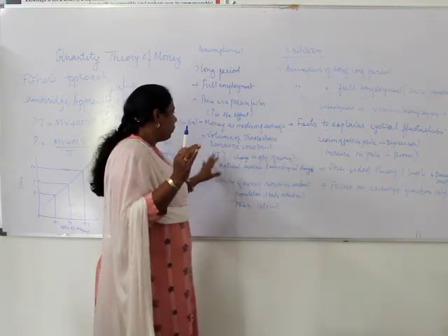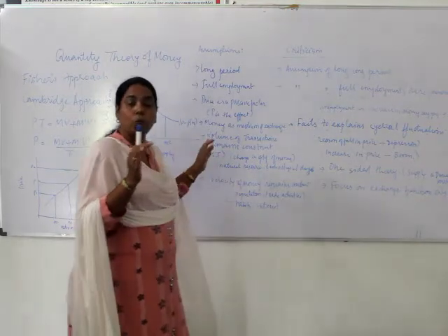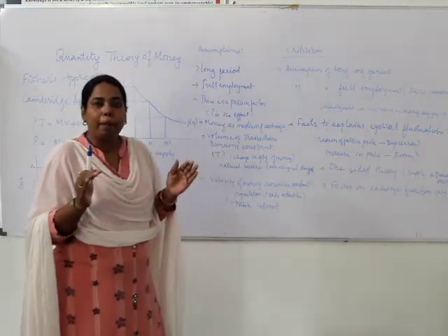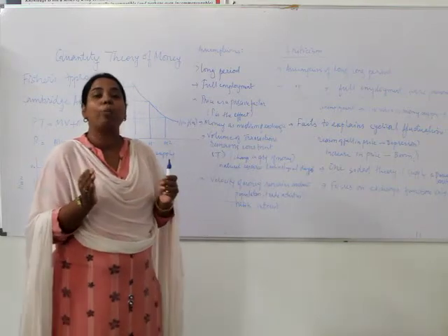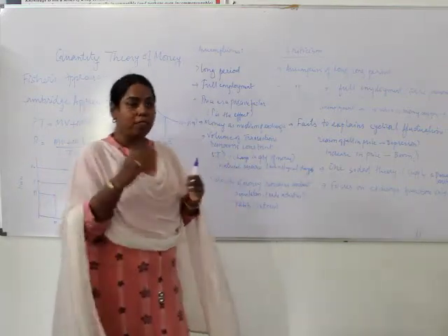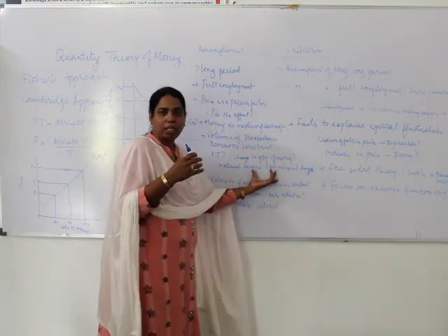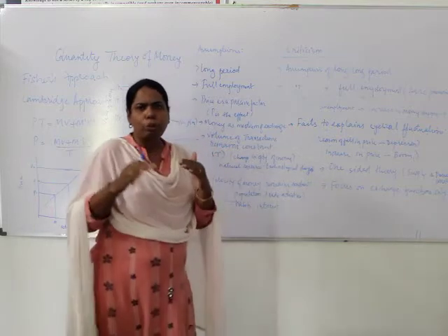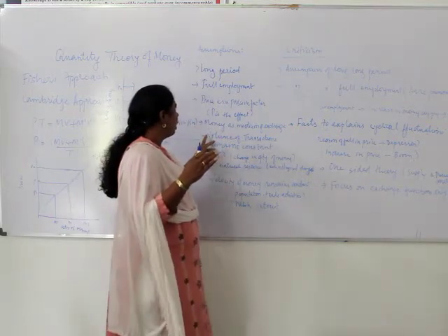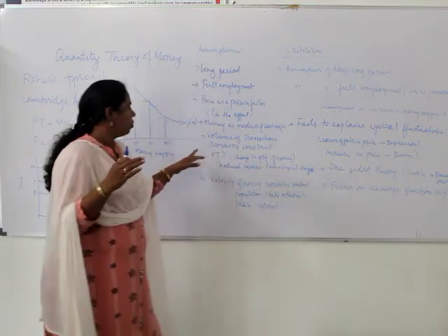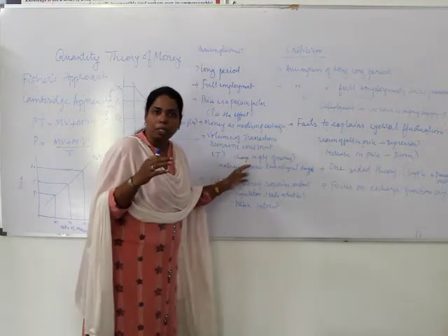Fisher assumes that the volume of transactions will change according to certain factors which are more stable in nature. These factors are basically natural resources and technological changes, which change slowly. So in the theory, Fisher assumes that the volume of transactions remains constant.